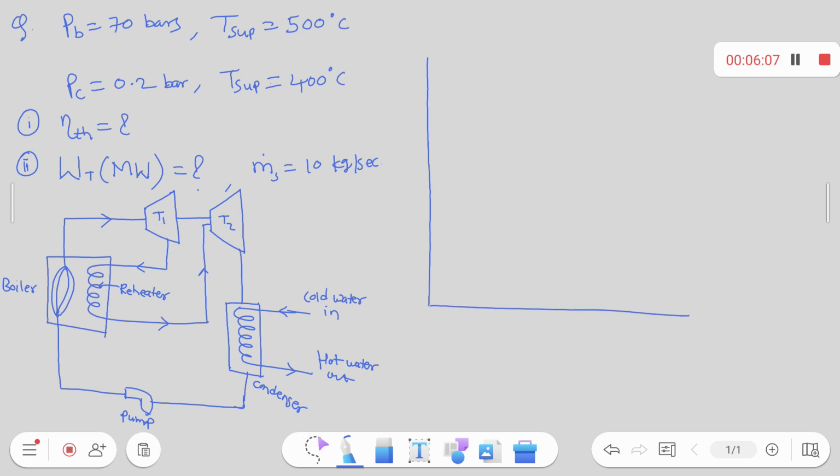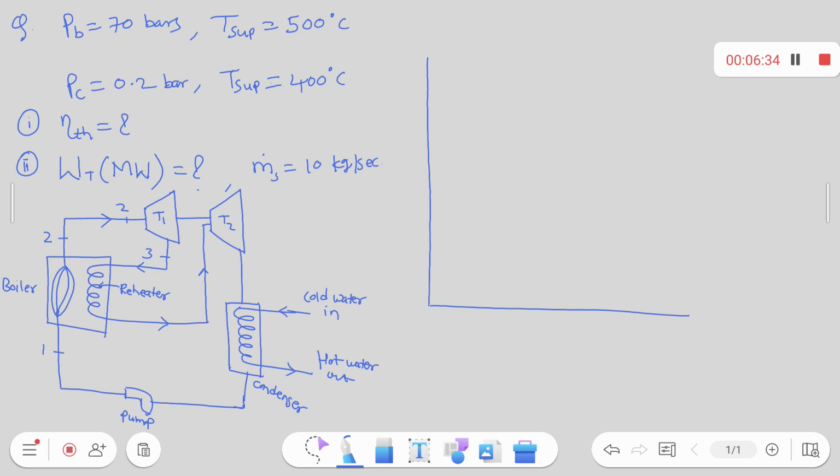Now see here, input to the boiler is cold water, output of boiler is steam. Then input to the turbine is steam, so this is 2, this is 3.